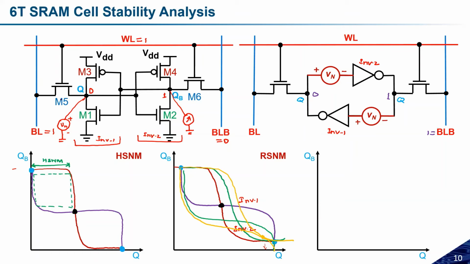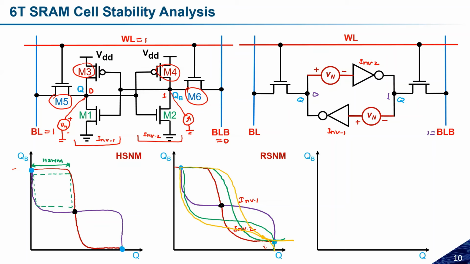So during the write operation, this M5 and M3 will form a resistive voltage divider network for the BL, and M5, M4 and M6 will form a resistive divider. We know that while reading and writing, the pull-up transistor and the access transistors are responsible. So that is why this M5 and M3 will form a resistive network, and similarly M4 and M6 will form a resistive network while writing the data.